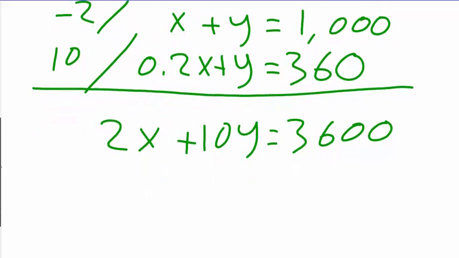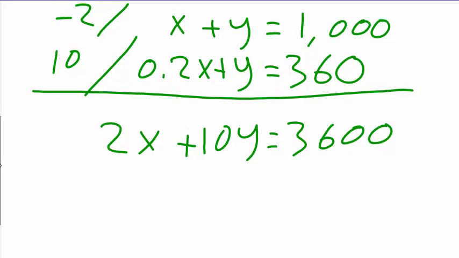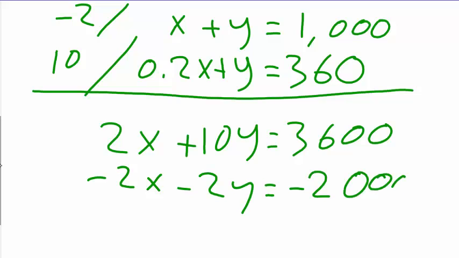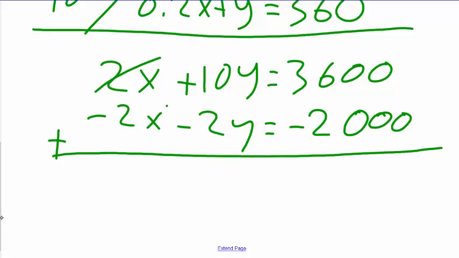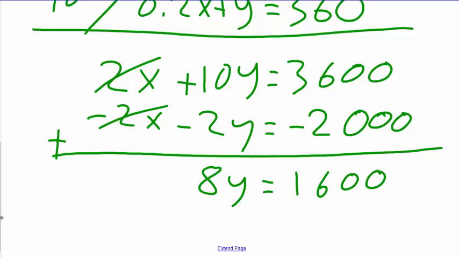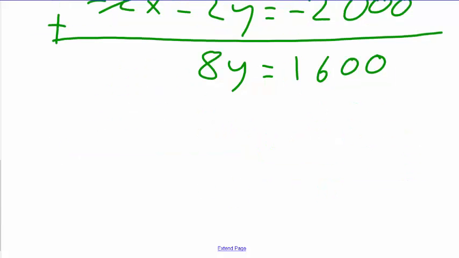So once I do that, I'm going to have -2x, -2y equals -2000. They will cancel out. 10y minus 2y is 8y equals 1600.